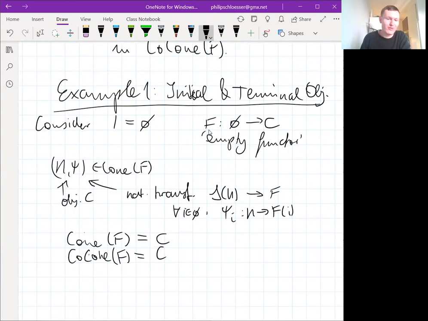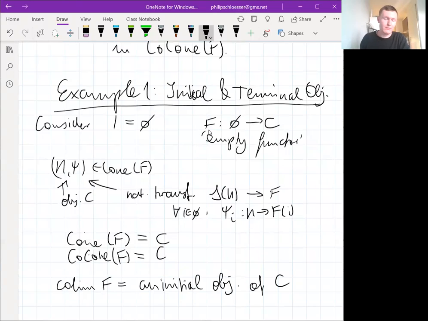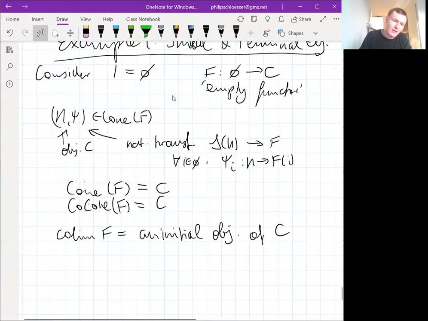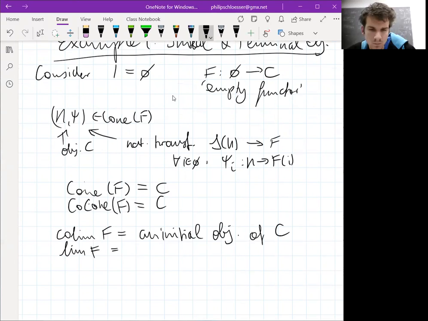So the co-cones of F are also just C. But then the co-limit of F is the initial object of co-cone F, meaning it's just an initial object of C. And similarly, the limit of F, or I guess a limit of F, is just a terminal object.